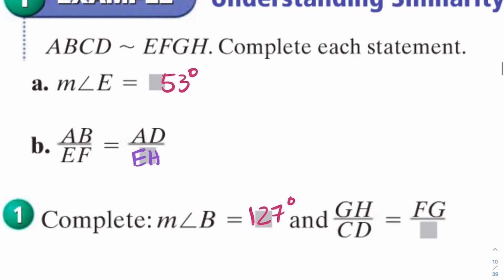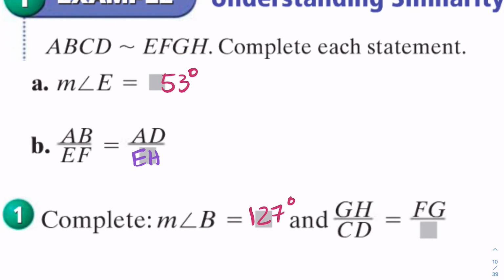All right, and the same thing here, GH and CD. So let's take a look at, notice I'm going from one shape to the other. You can't do similarity within the same shape. So you would never have GH is to FG as CD is to BC. No, you got to go from shape to shape.